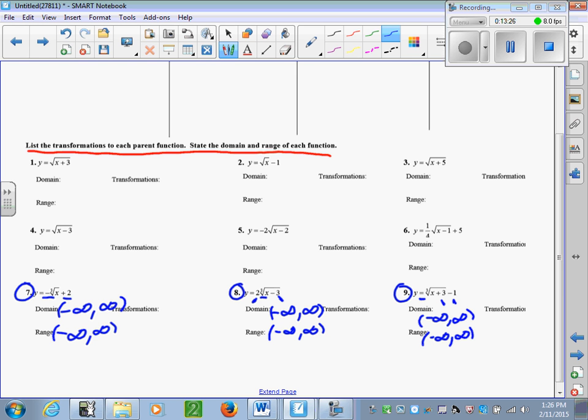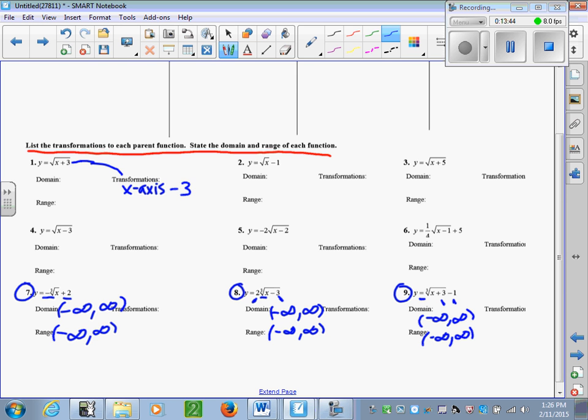We will do number 1 together. My transformation, I have a number hanging out with my x. So that caused me to have an x-axis shift. My x does the opposite of what it says in the function, so it's an x-axis shift of -3.